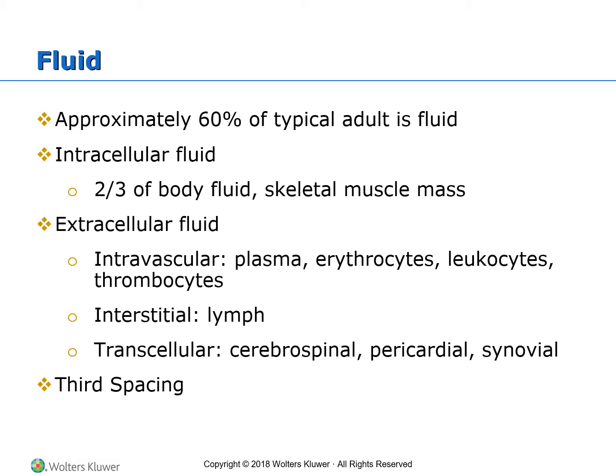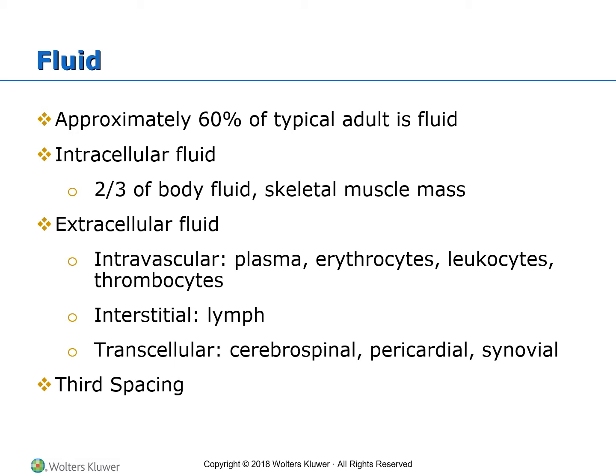Okay, sorry about that. Homeostasis, we're going to back up just a bit. So with third spacing, it disrupts homeostasis. You do go into a state of hypovolemia or fluid volume deficit. That's due to the lack of intravascular fluid. Because of this, the kidneys receive less blood, and this will decrease urine output in an attempt to compensate.